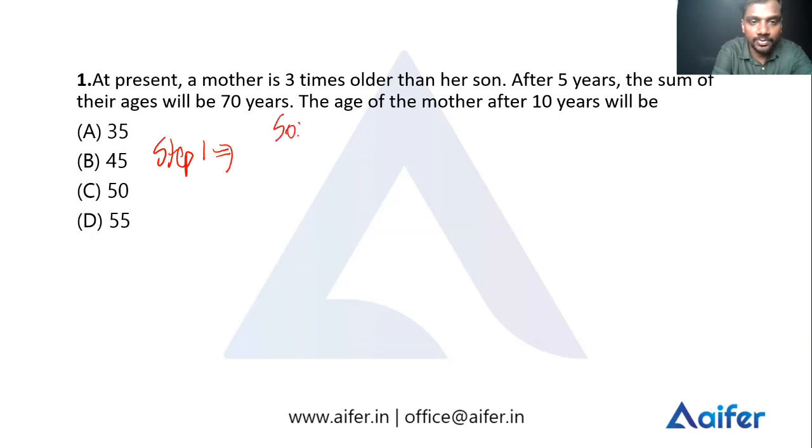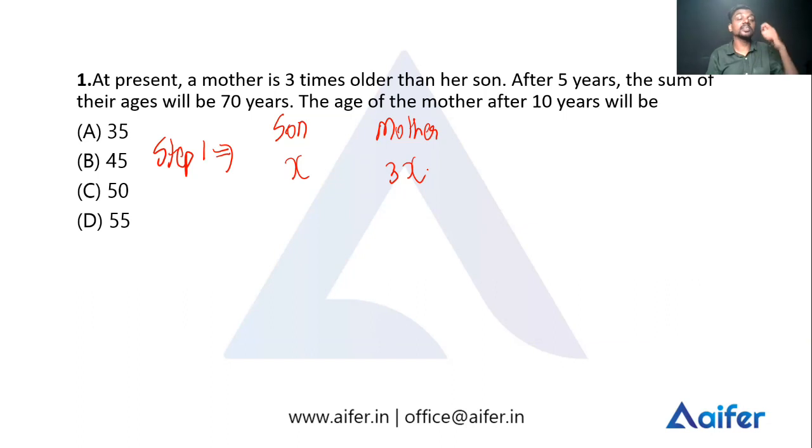Let the age of the son be X. Then the age of the mother will be, it's given 3 times, so we have 3X. Then step 2 is to write the new condition.